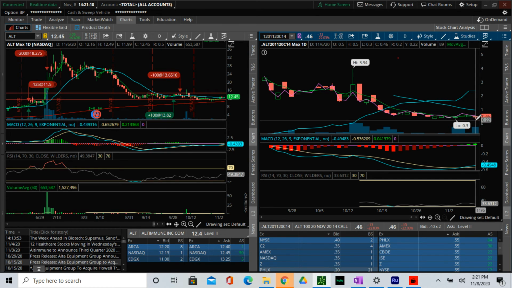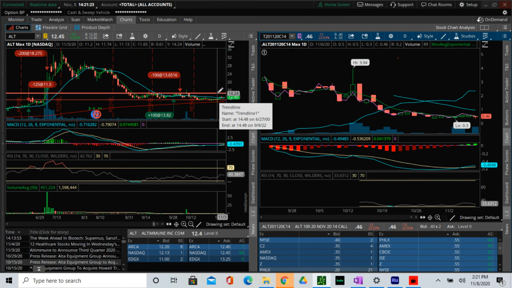Acknowledging the downside risk, 30 cents, upside risk of a dollar, almost 95 cents, or the upside risk of $14 versus the downside risk of 11.70, right?